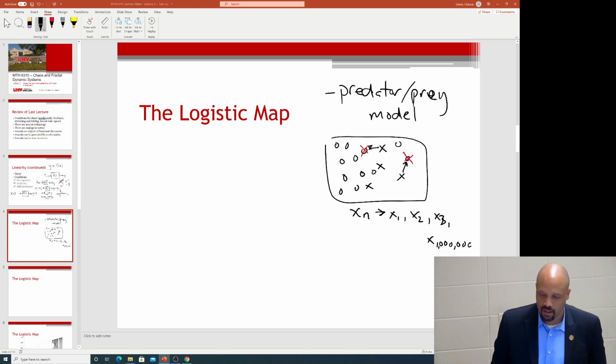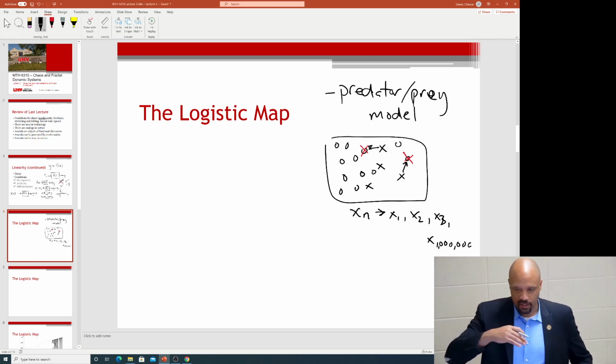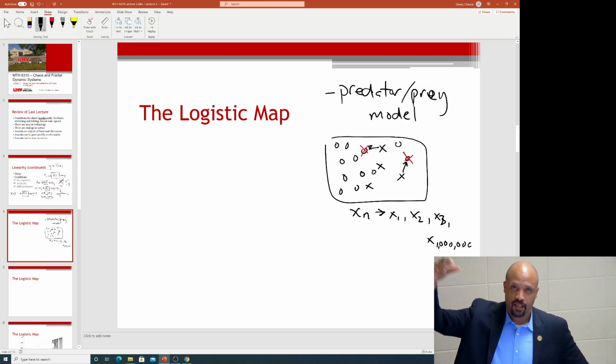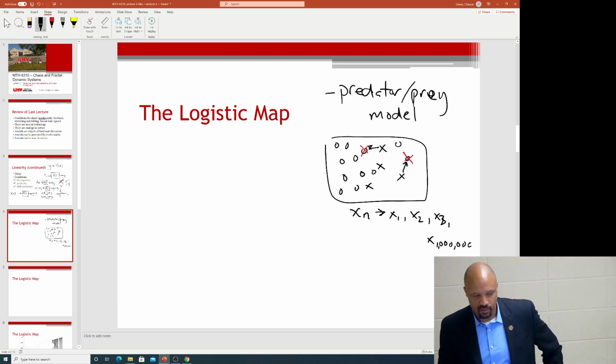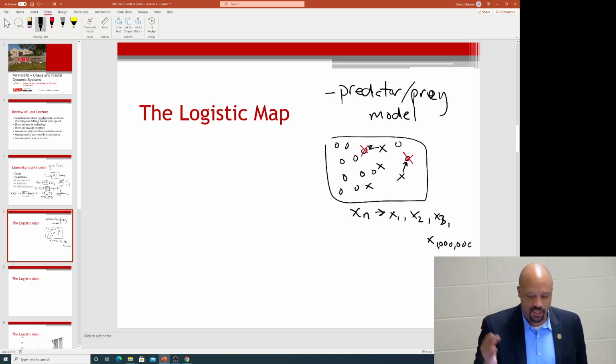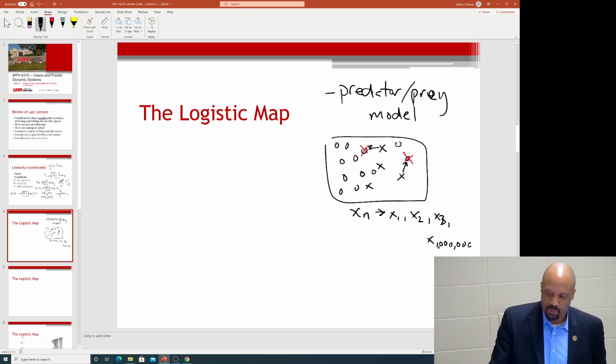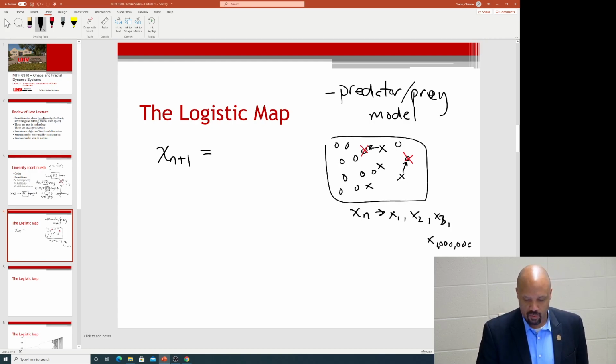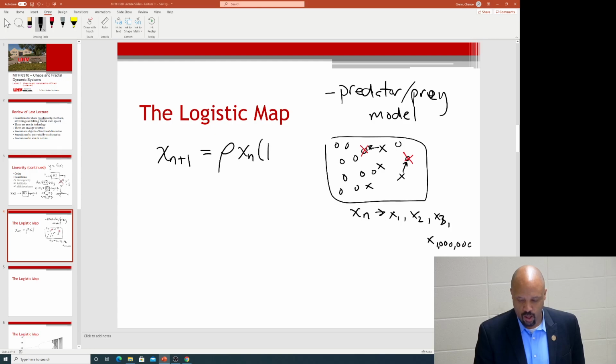What is that going to look like? Does the number run out? Does the number expand exponentially or something in between? Well, here's the expression that was derived after people studied this. So X of n plus 1 equals this factor rho times X of n times 1 minus X of n.